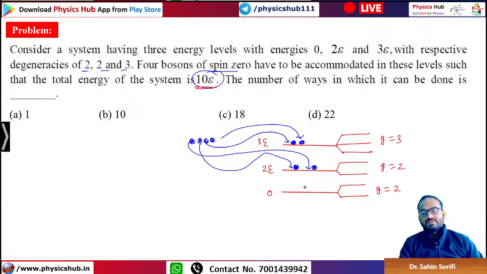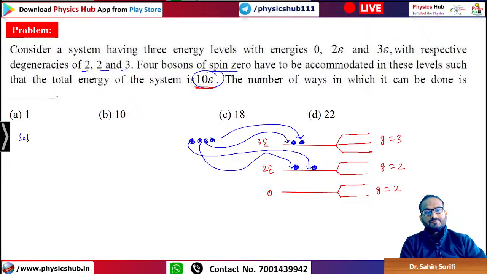Is there any other possibility? No. If you keep 3 bosons in 3E, 3 into 3, 9, then 1E energy level is not there, so that is not possible. If you keep all the 4 bosons in 2E, 4 into 2, 8, that is also not possible. So this is the only possibility, right?